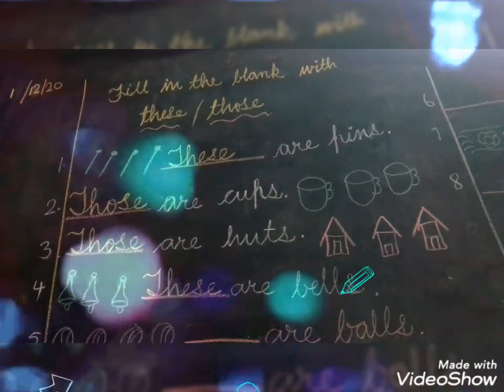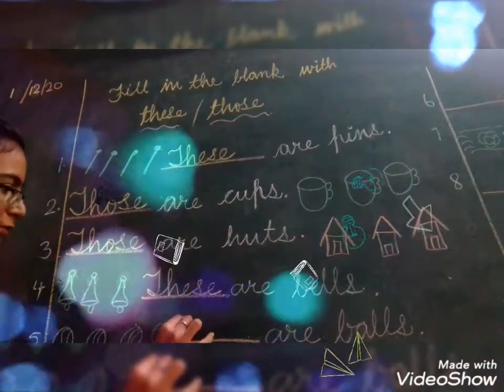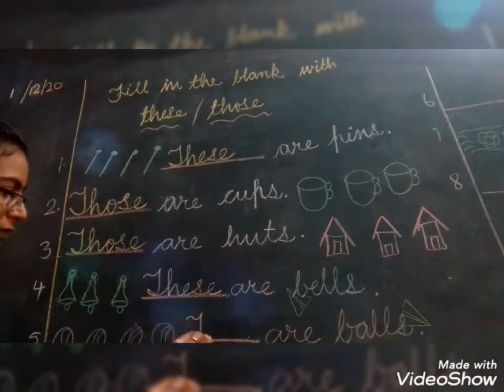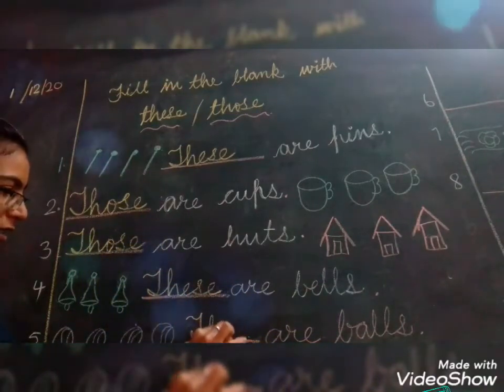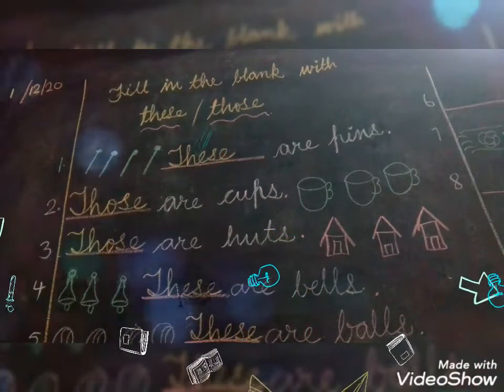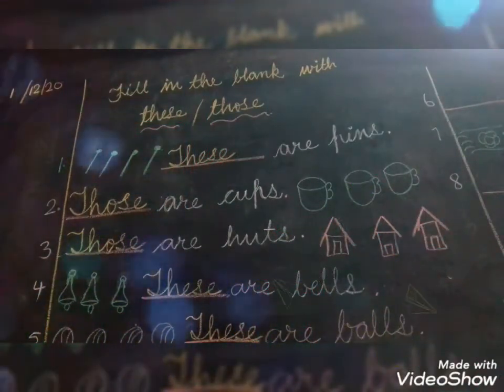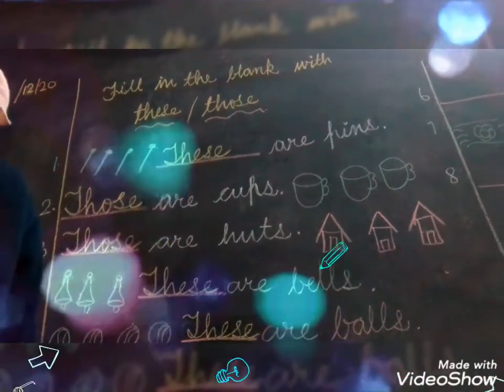T-H-E-S-E. These are bells, these are books. T-H-E-S-E. These are balls. Very good. Now three more exercises are there. Let us go there.